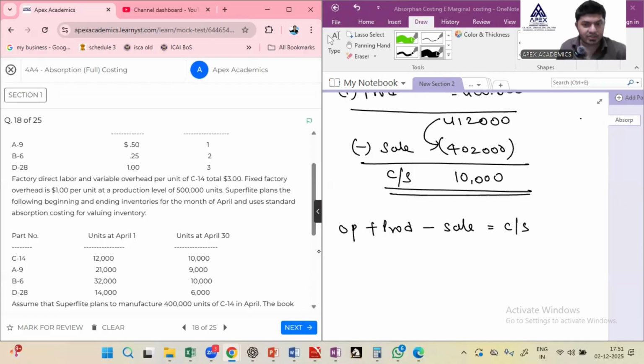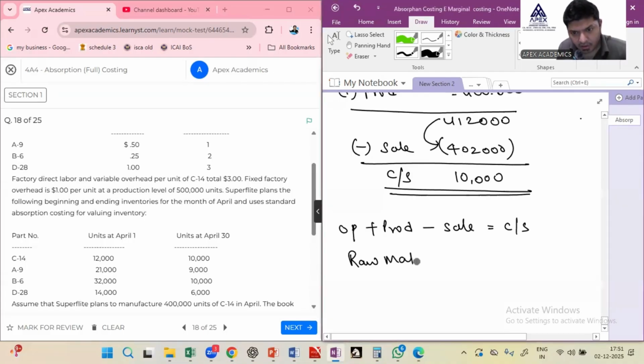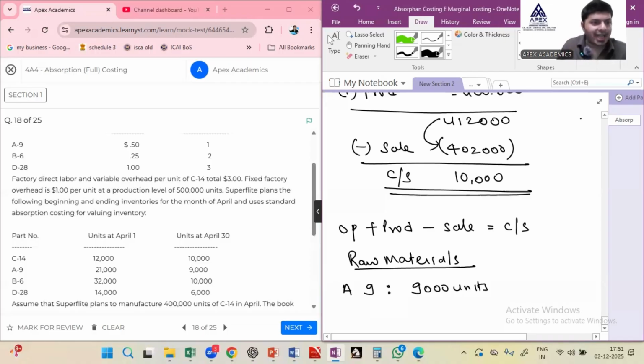Now, with respect to our raw materials, what are the inventories that we have? We have A9 with a total of 9,000 units at the rate of 0.5 per unit. It comes to 4,500.